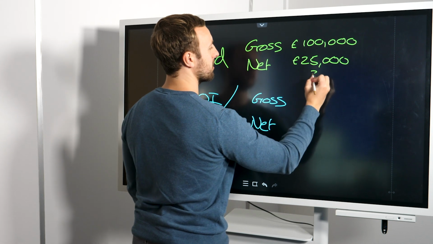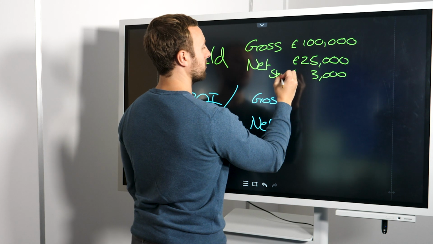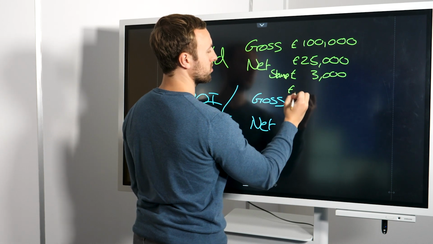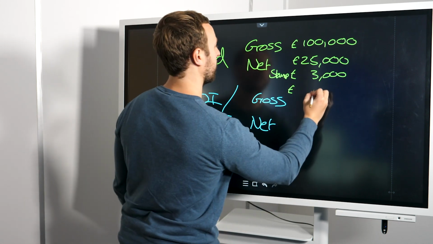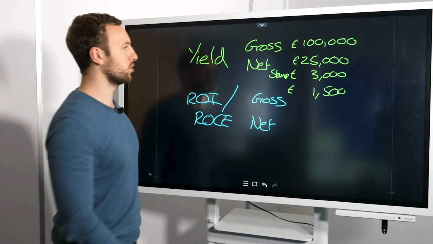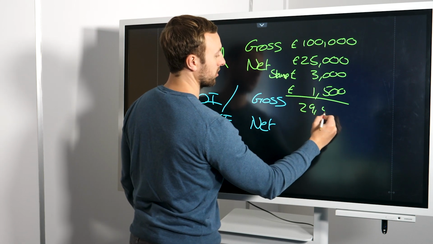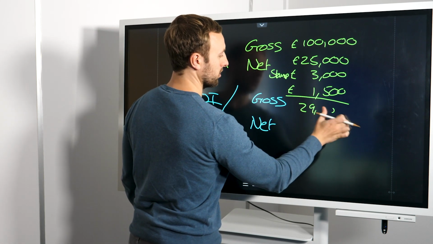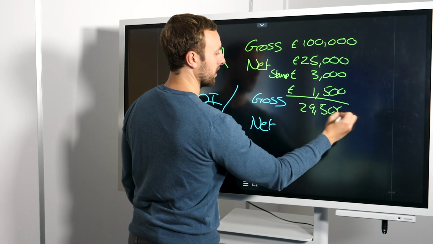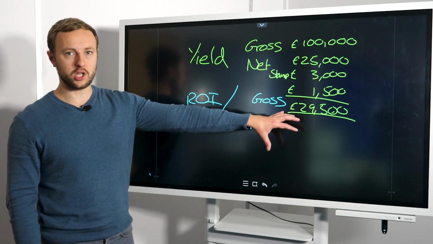You might have some stamp duty at £3,000. You might have your legals, etc. Let's say 1,500 on there. So there'll be some other figures, but your cash in on that is 29,500. Nice awkward number to work with for me. So £29,500. So that's your cash in, okay?